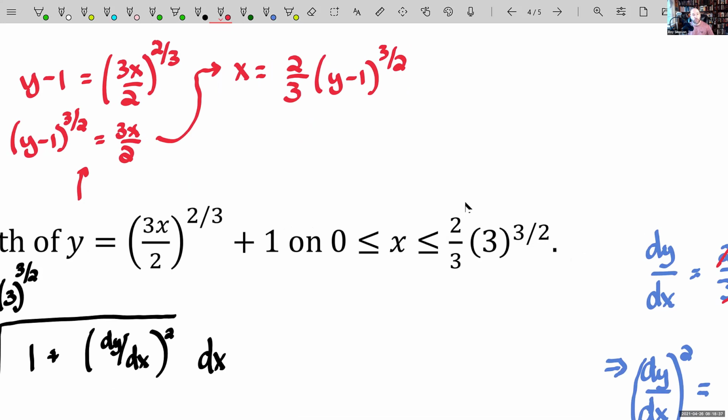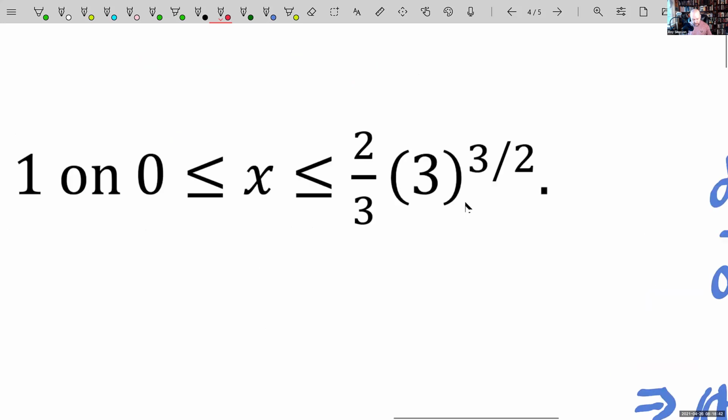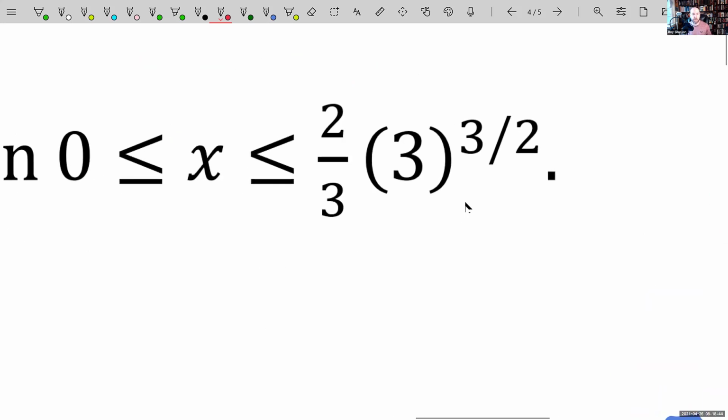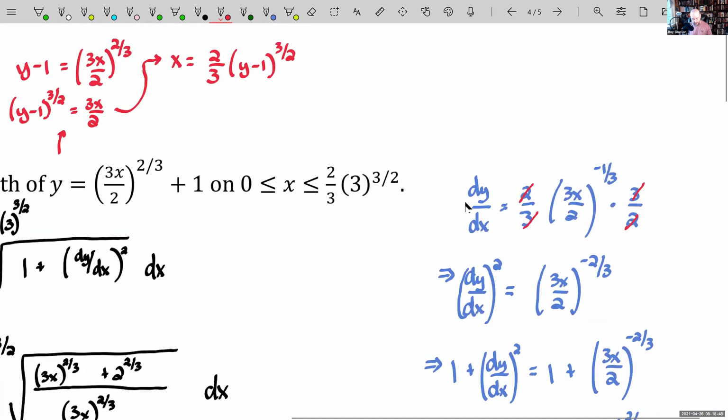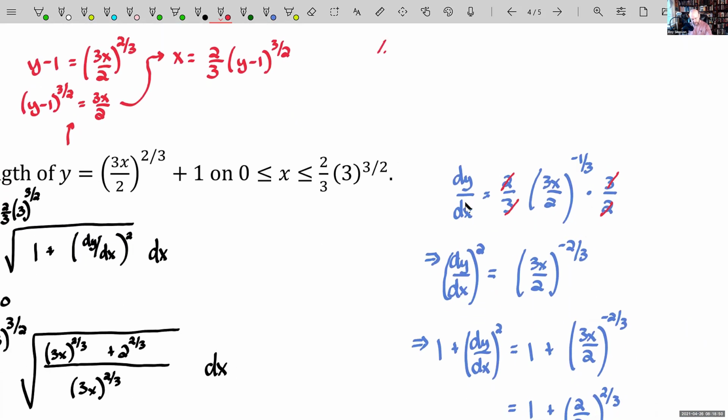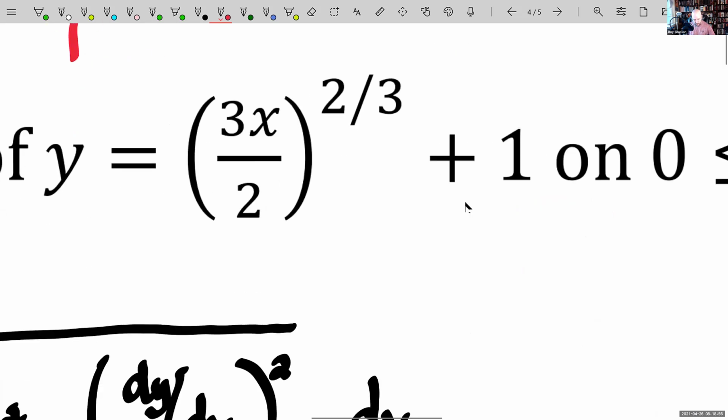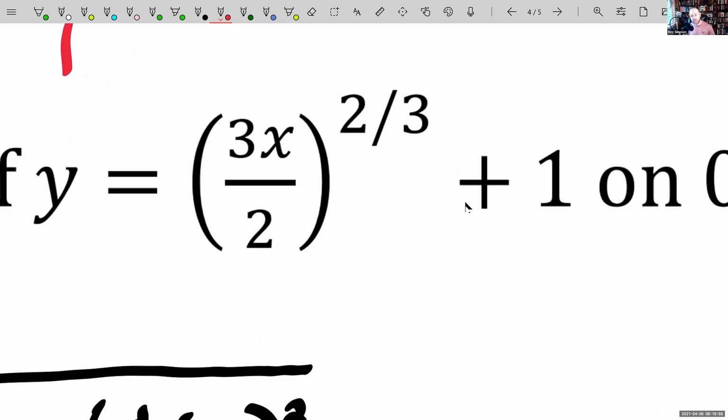Of course, if you were to do this problem this way, you have to change your limits. Your limits can't go from x equals 0 to x equals something else. Instead, you'd have to go from y equals something to something else. So x being 0 implies that y is equal to, going over to this piece right here, if x were 0, y is just 1.